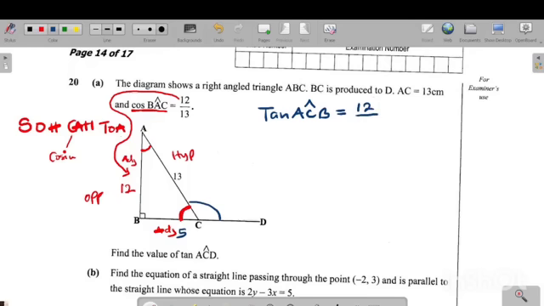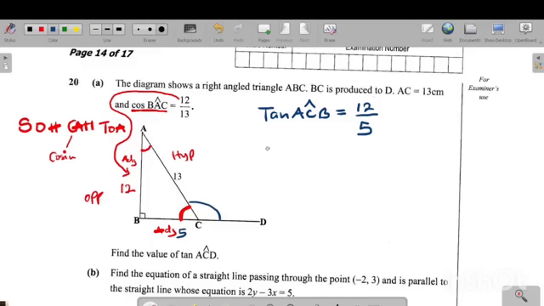Adjacent is this one here, the side attached to this angle other than the longest side, the hypotenuse. So here we have 5. Now that we know what tan ACB is, for us to find this external angle, we'll just include the negative because this is the obtuse angle.